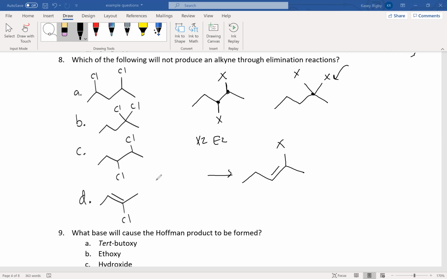So vicinal dihalides and geminal dihalides can both go through E2 twice in order to create alkynes. We see here C is a vicinal dihalide and B is a geminal dihalide, and A is neither. So A is the only one that is not able to make an alkyne, and that's what this question is asking. Not which one is able, it's which one will not produce an alkyne. Okay, does that make sense?